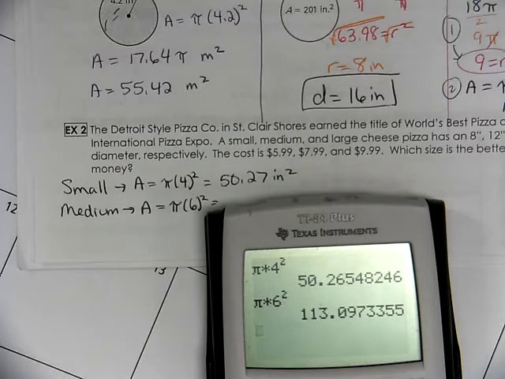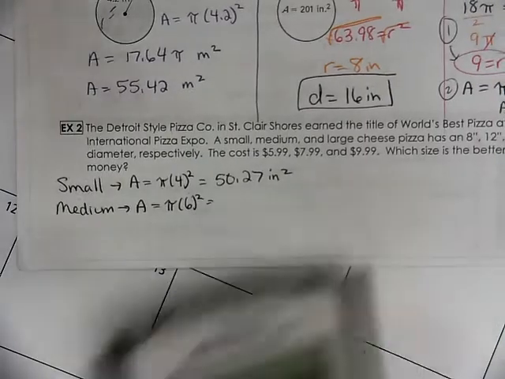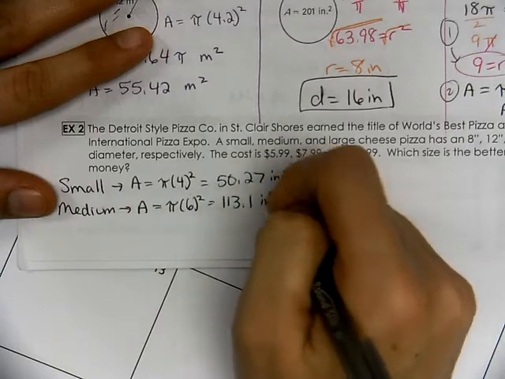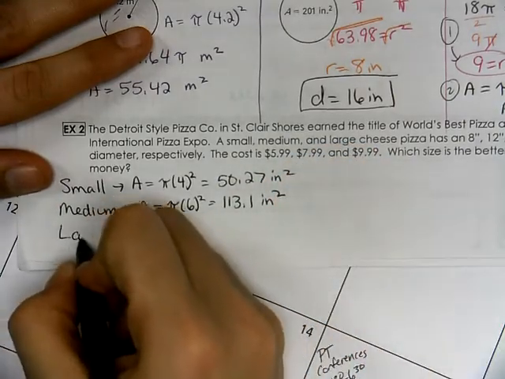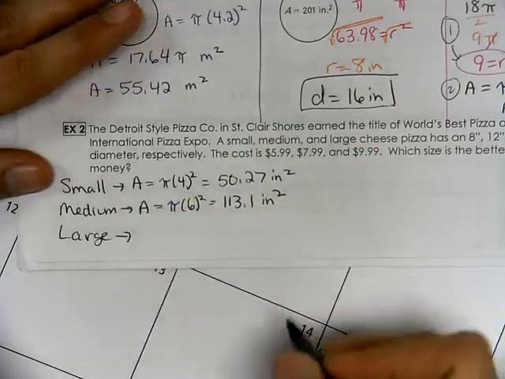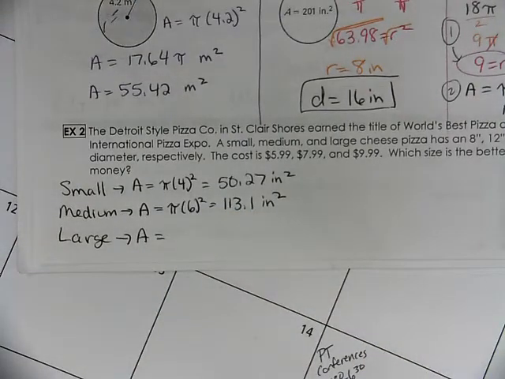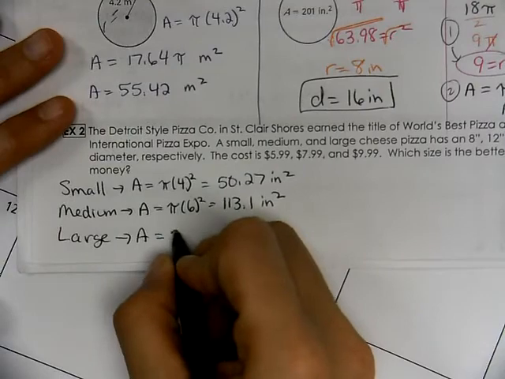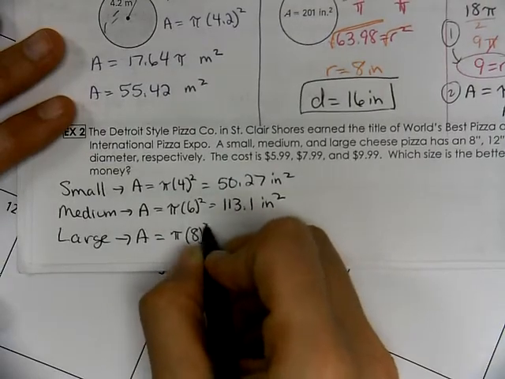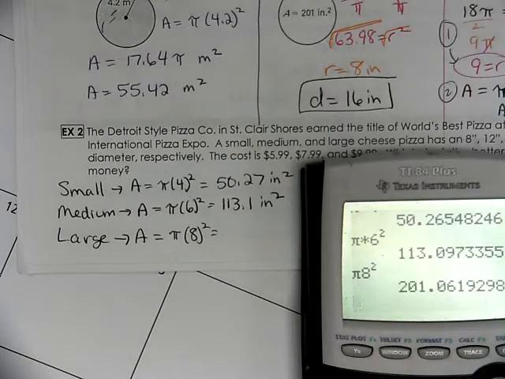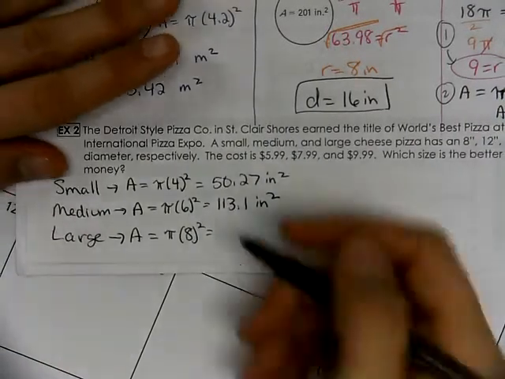113.1. The large has a diameter of 16 inches, so what's its radius? 8. So pi times 8 squared, 201.06.